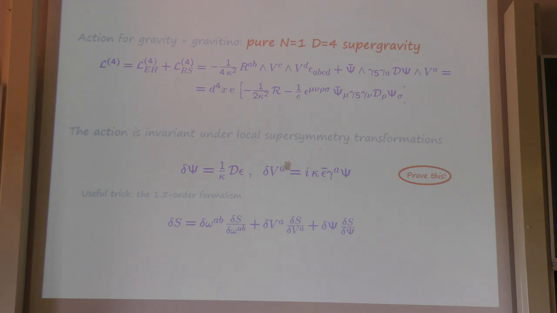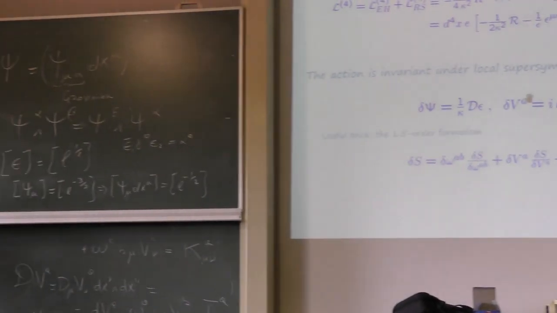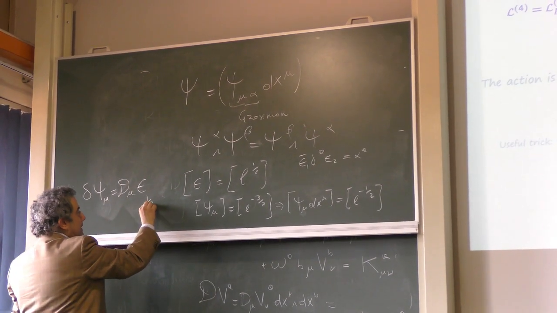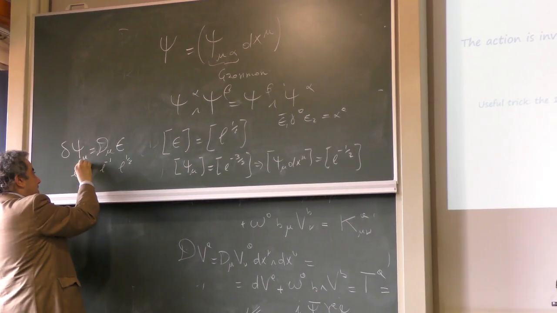So if we want to write delta psi nu as d mu epsilon, this would be inconsistent dimensionally, because this is length to the 1/2, this is length -1, this is length to the -3/2.